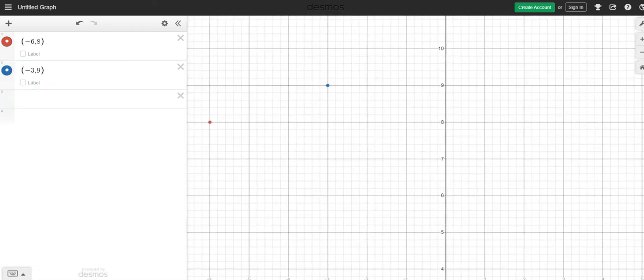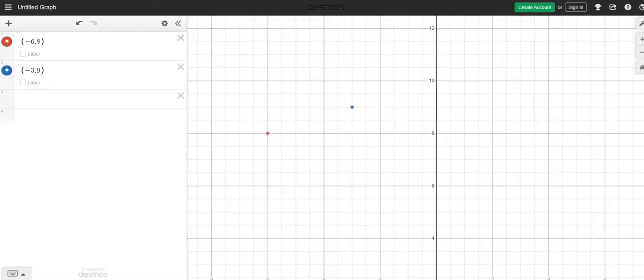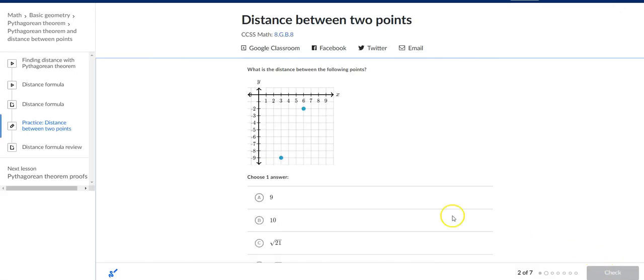Just by using this, you can create your triangle from here and use the Pythagorean Theorem. I just wanted to let you know that resource if it's hard for you to visualize. Let's go ahead and try another one.